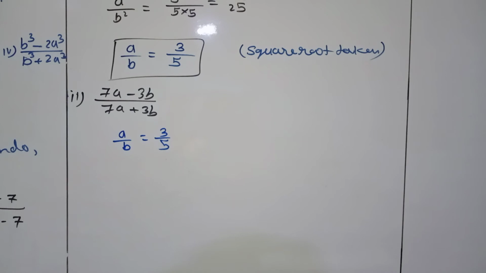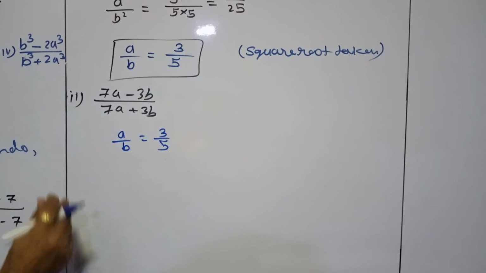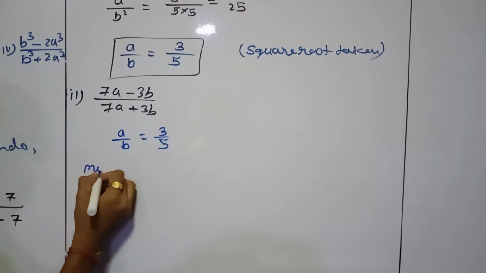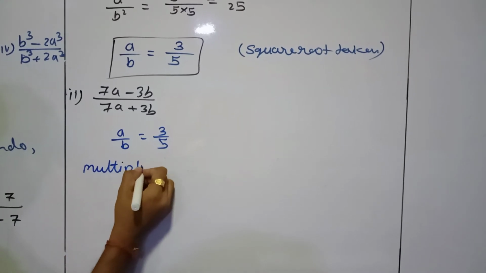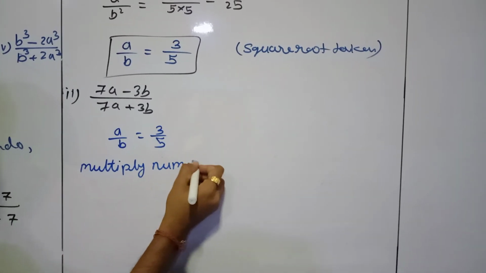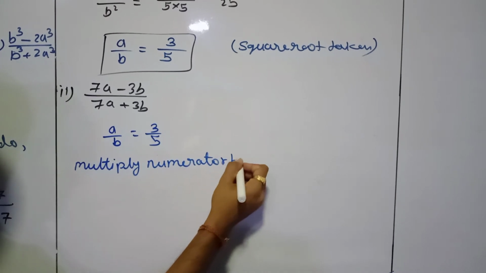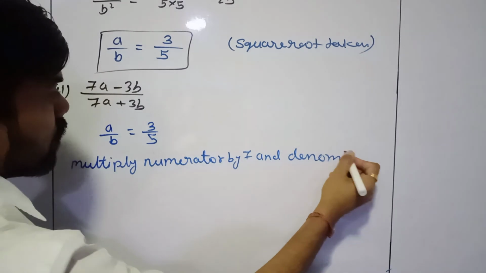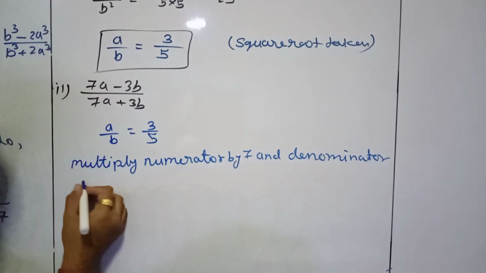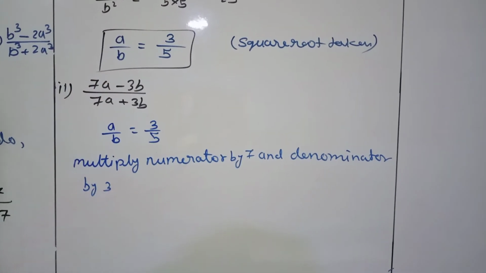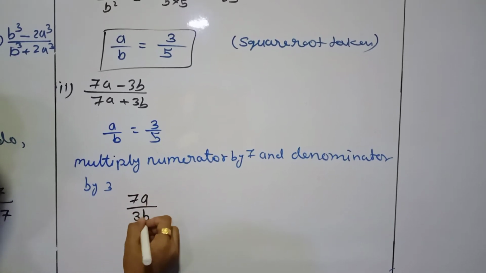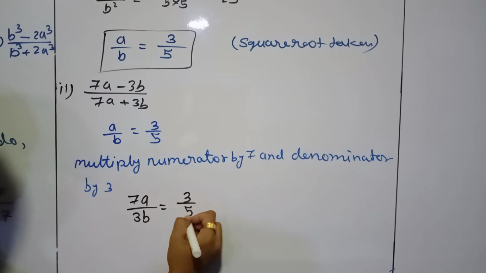That is given. We want 7 with a and 3 with b. So multiply the numerator by 7 and the denominator by 3. It will become 7a upon 3b.